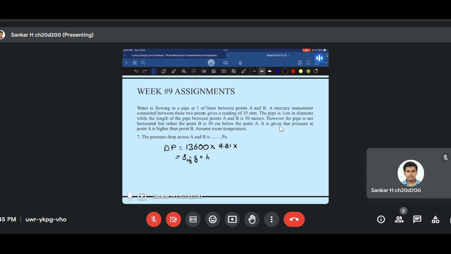I'm not marking it as L, I'm just keeping it as h. The manometric fluid reading is 35 millimeter, which is 0.035 meter. Therefore, the pressure drop comes out to be approximately 4,669 Pascal.